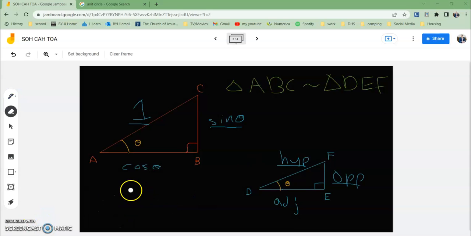I haven't gone over the definition of tangent, but tangent of theta is actually going to be sine of theta divided by cosine of theta. Oh, but we already said sine is the same thing as the opposite divided by the hypotenuse.